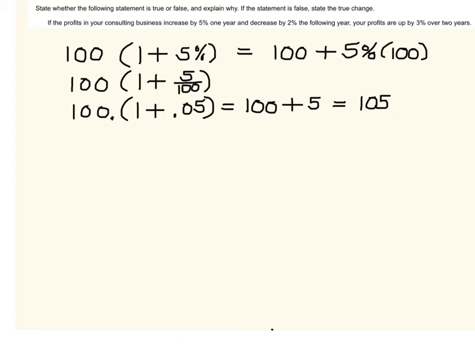Now, moving forward, the profits decrease by 2% the following year. Let me change up colors here, and we'll work in blue. At the beginning of the second year, we start with $105. Now this time we're going to multiply 105 by 1 minus, because we're decreasing, 2%.